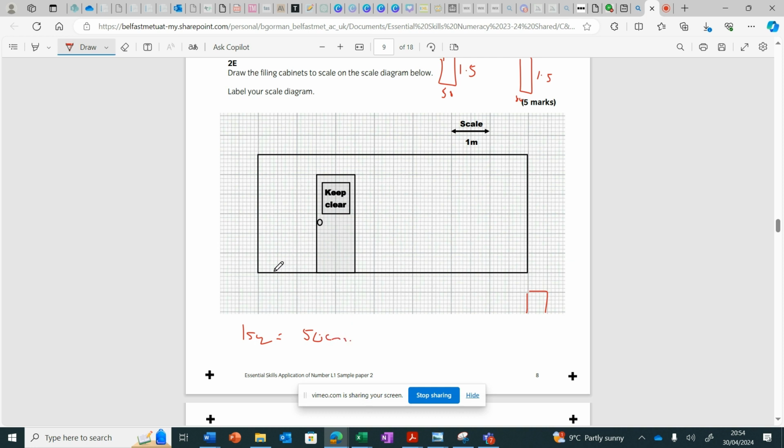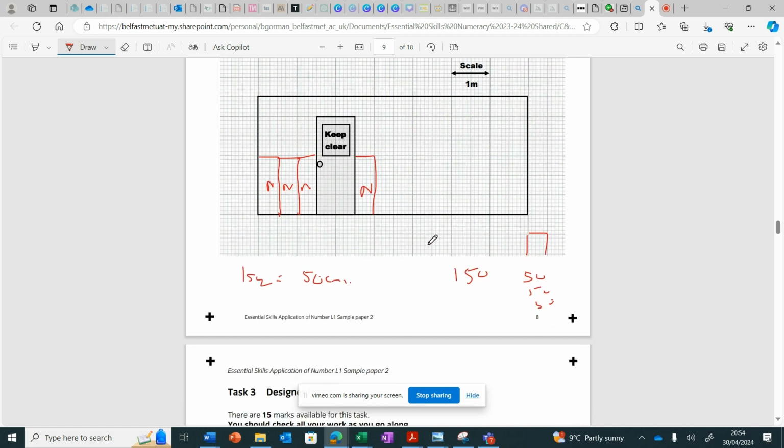And our cabinets are 50 centimeters. So that's 50 and that's 50. And they're 1.5 meters. I remember from the last question, 1.5 was 150. So 50, 100, 150. So they're 3 high, like so. We just draw them in. A wee N, I remember one on the other side, a little N.